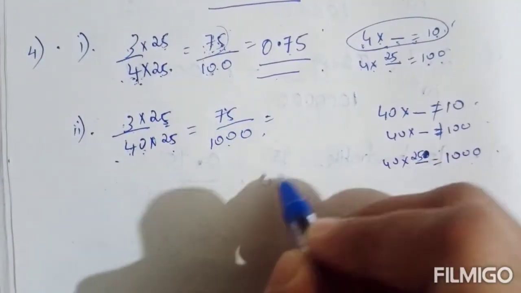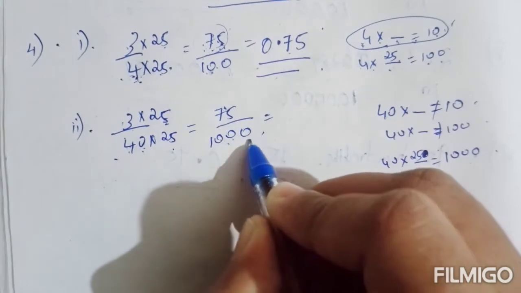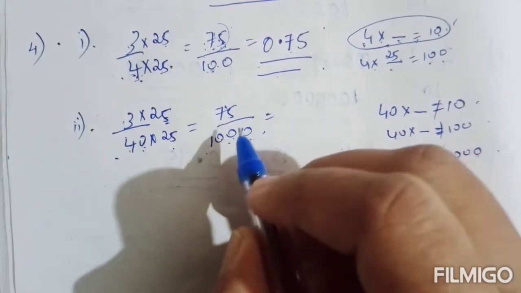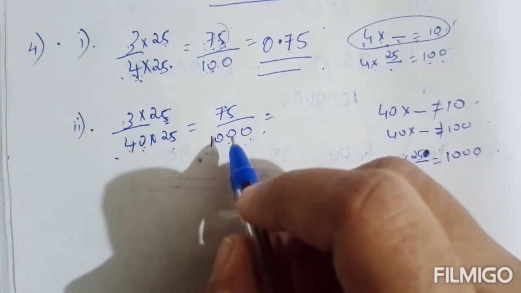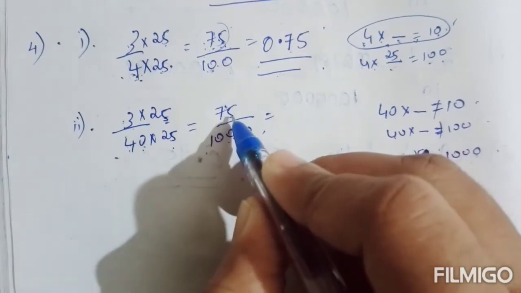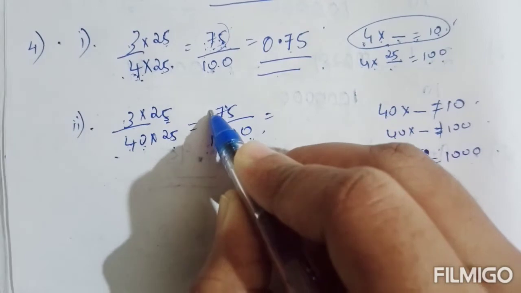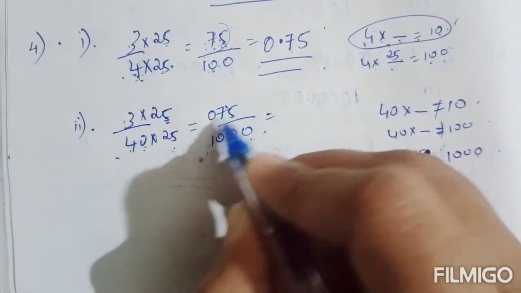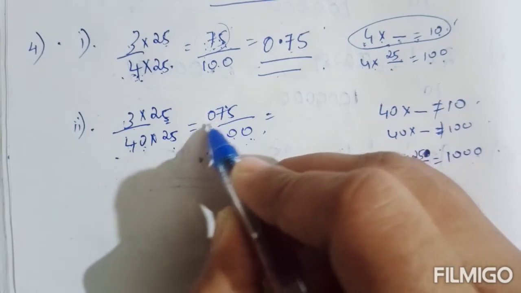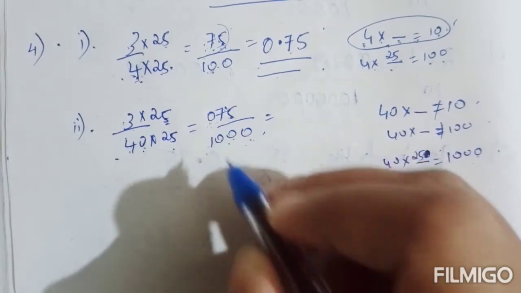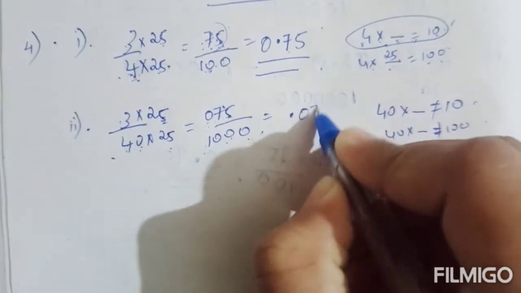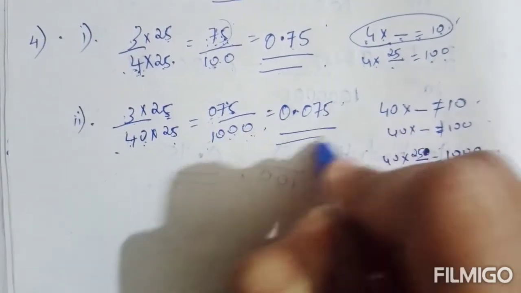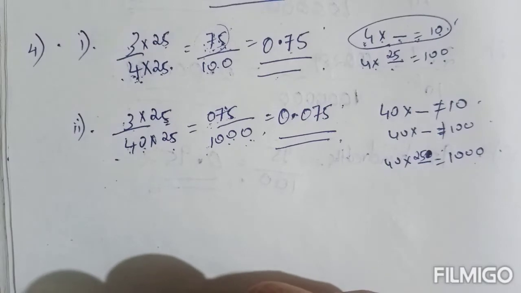Converting this fraction to a decimal fraction, 1000 is coming in the denominator with 3 zeros, so 3 digits should be there after the decimal point. You can count 1, 2. In order to get the third digit, you have to put 0 to the left of 75. Now these 3 digits you can write after the decimal point. Before the decimal point you can put 0, so 0.075.